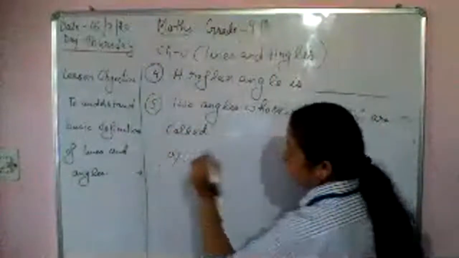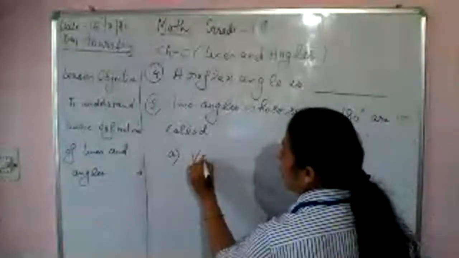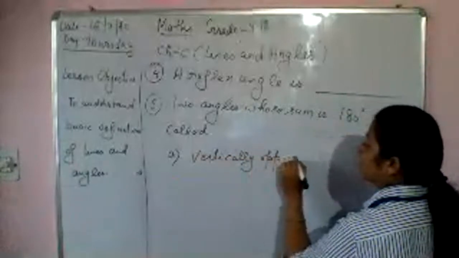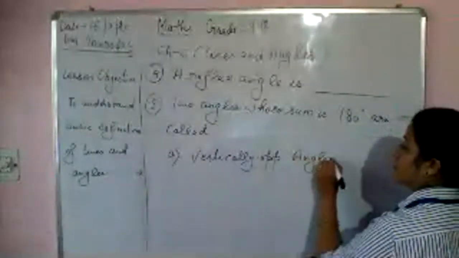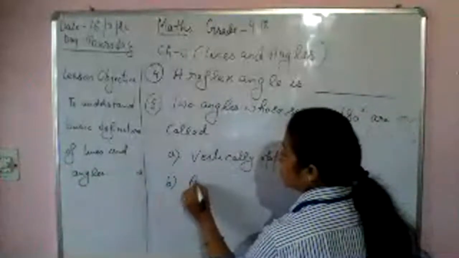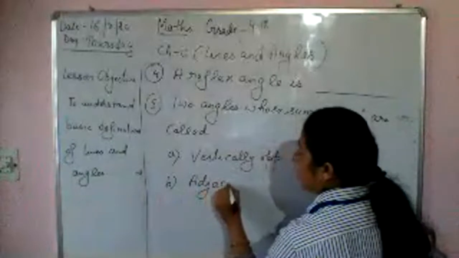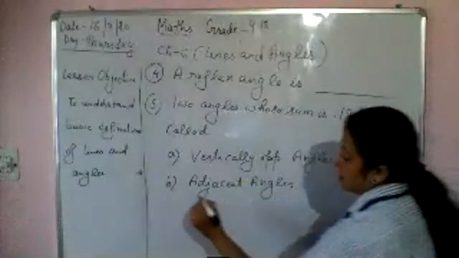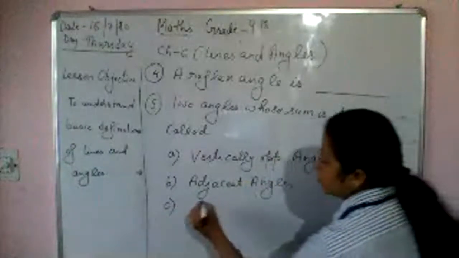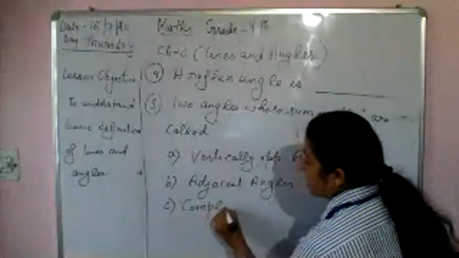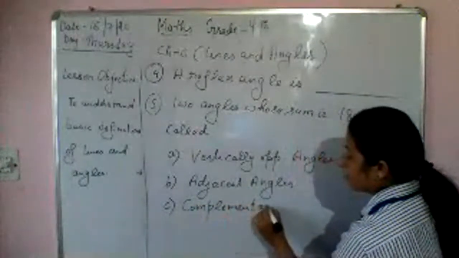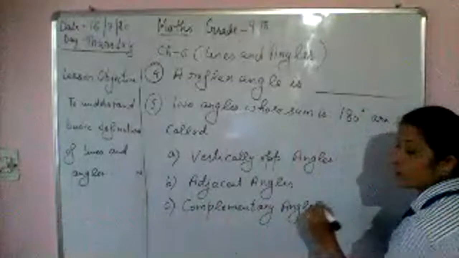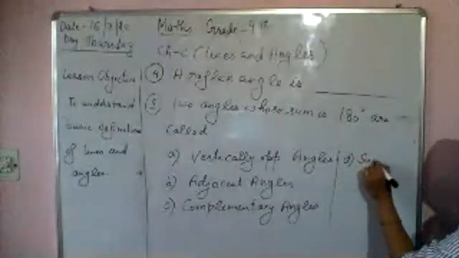So your options are: vertically opposite angles; second one, adjacent angles; third one, complementary angle; and your last option is D part, supplementary angles.